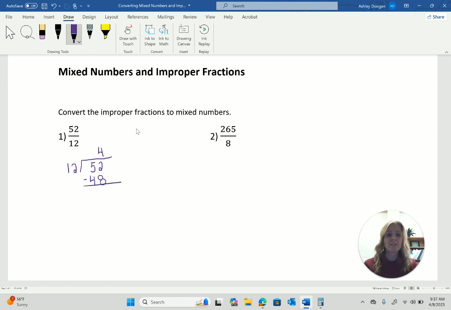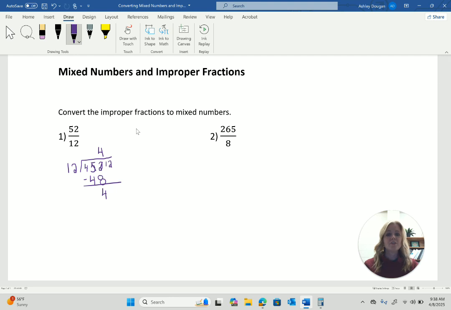The number on top is how many times it goes evenly into that number, and then you do the multiplication. You would say 12 times 4, and then put that number underneath. Then you subtract 52 minus 48, or you could put this in your calculator and just subtract those values. But we get 4.